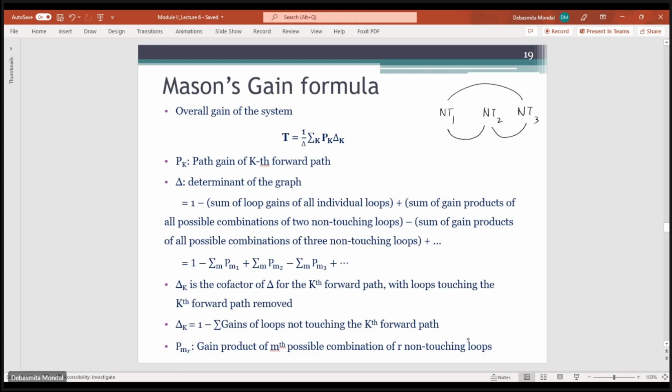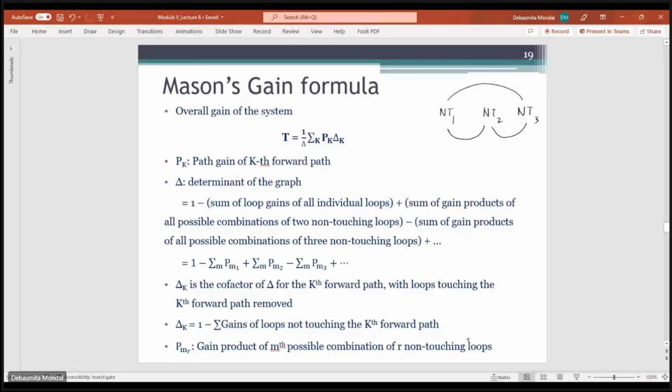Delta k is the cofactor of delta for the kth forward path, which means the kth forward path with the loops touching it removed. So delta k will be 1 minus summation of gains of all the loops that are not touching the kth forward path.